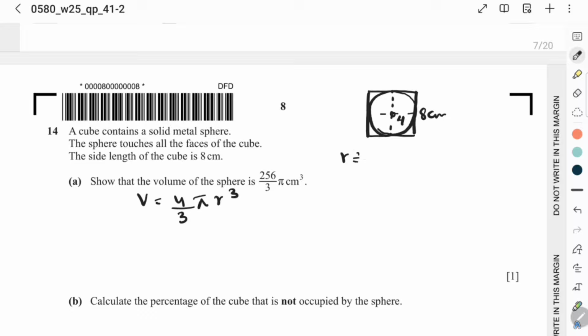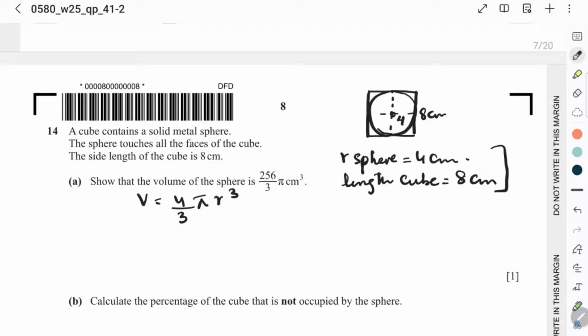The side length of the cube is equal to 8 centimeter, and the radius of the sphere will be equal to 4 centimeter. This will be helpful for you to solve the rest of the parts of this question.